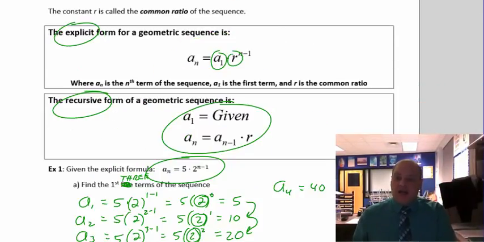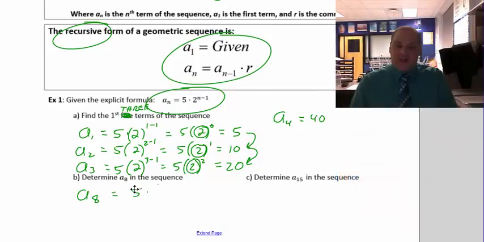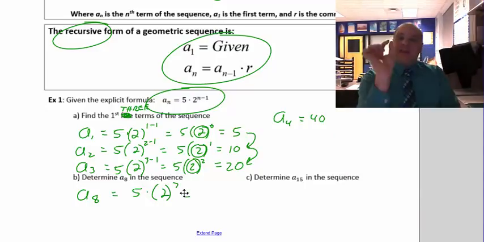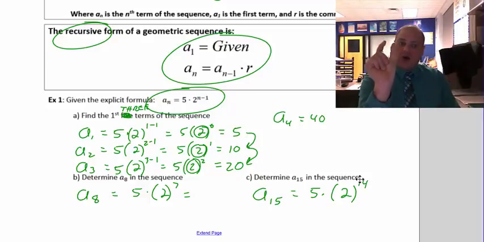So if you want A8, it's going to be A8 equals 5 times 2 to the 7th. It's always n minus 1. If you want A15, it's going to be 5 times 2 to the 14th. Why? It's n minus 1. It's always 2 times the one less than the term you're on.